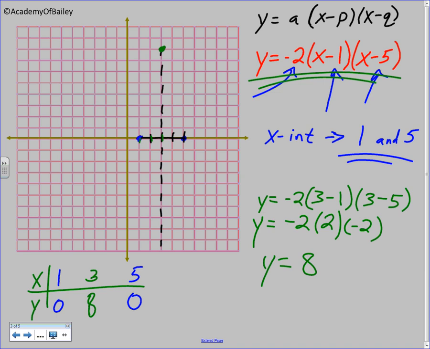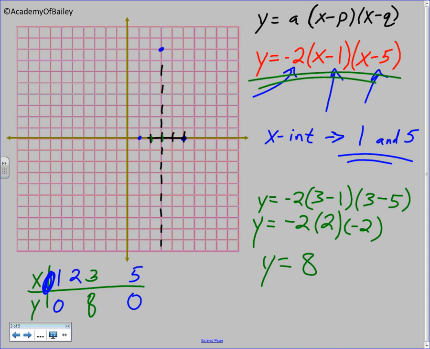You could figure out, if x was 0, what would be the y value, because we kind of know that it's going to come down like that somehow. And I think if x is 0, that would help us out a little bit better in determining the rest of the graph.